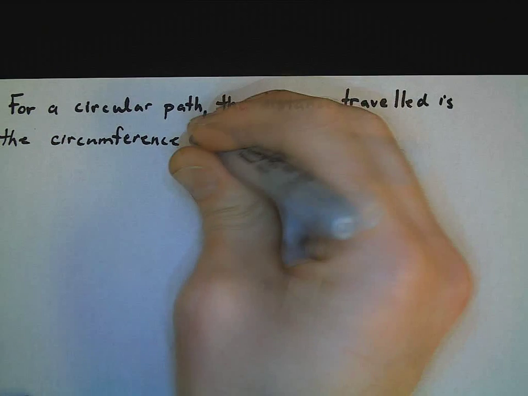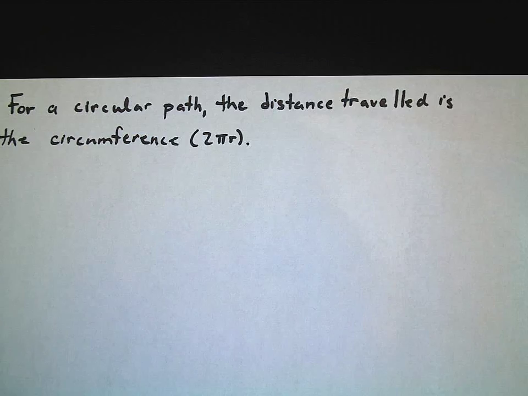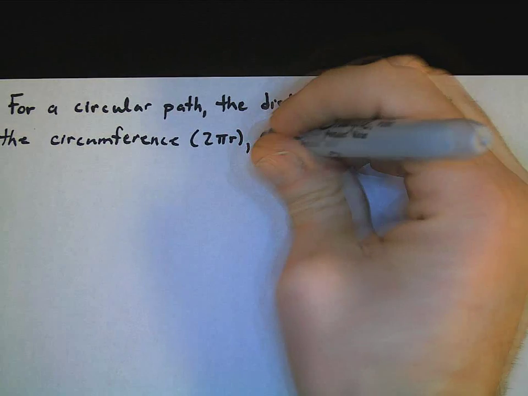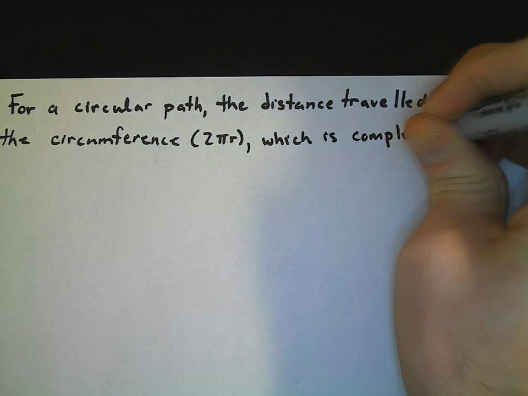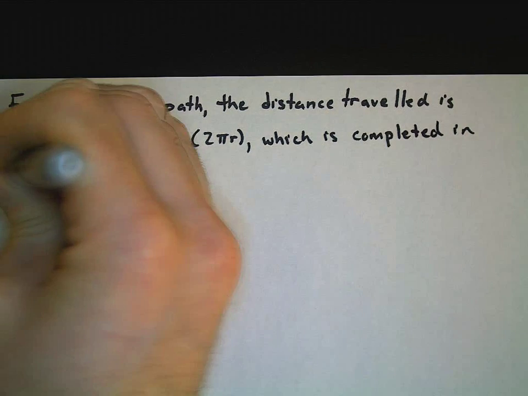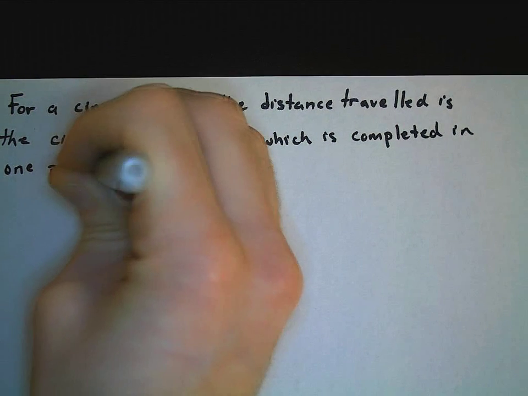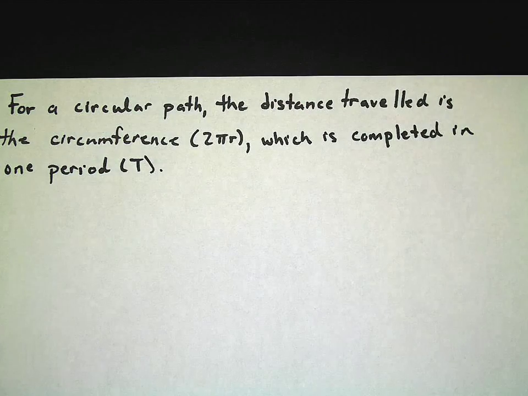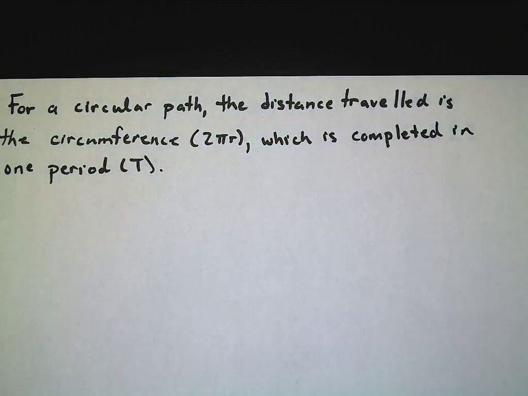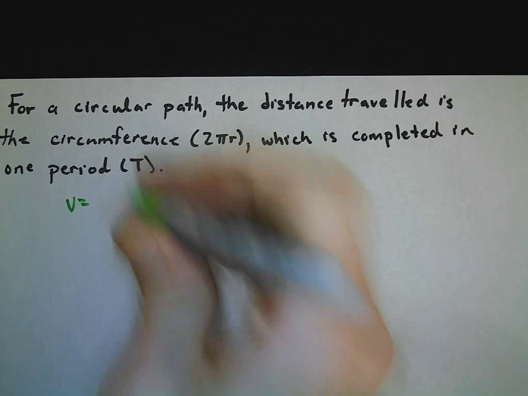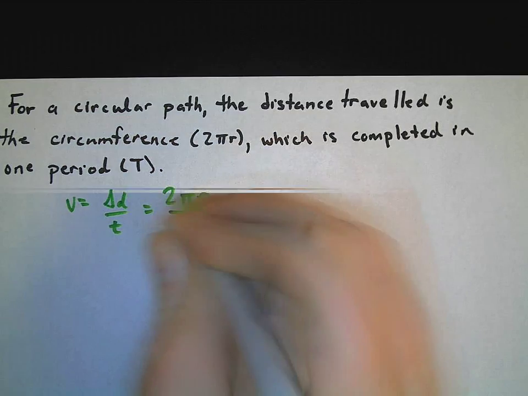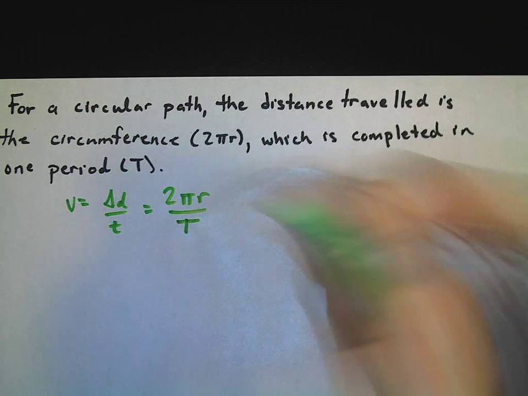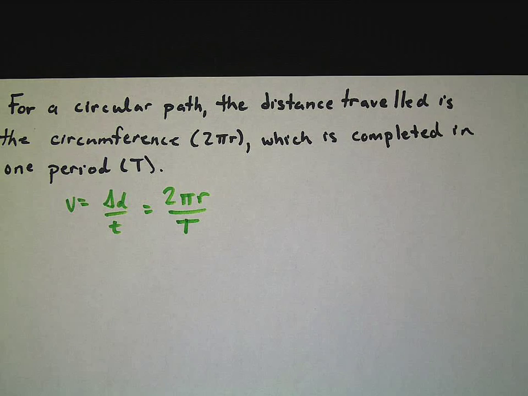And remember, the circumference is 2 pi r. And this is completed in one period. Remember, period is represented using t. And one period is the time it takes to complete one spin. So speed, which is distance over time, is the circumference, 2 pi r, over the time it takes to complete one cycle, the period t.